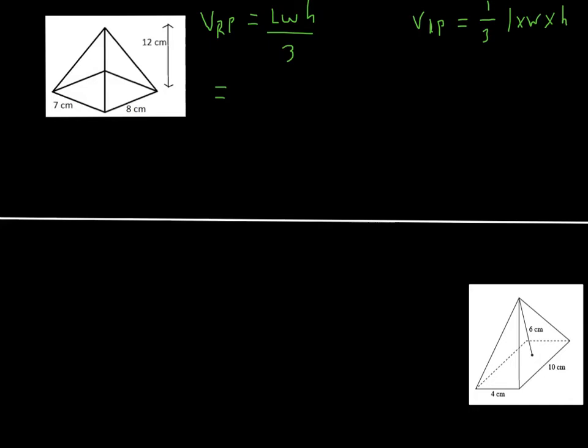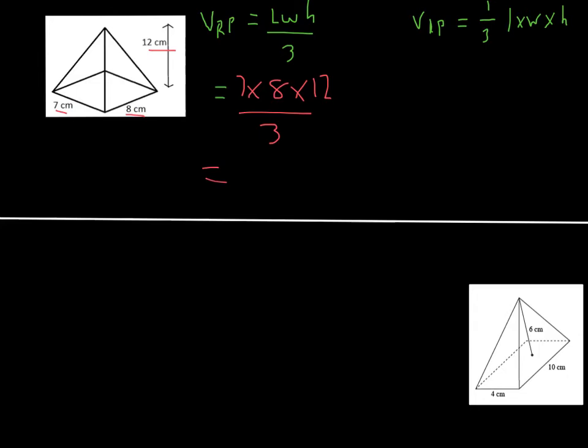Let's now calculate the volume of these rectangular-based pyramids. I'm going to use both formulas for the first one to see that they both work. In this case, the volume of the rectangular pyramid is length times width times height, all divided by 3. So 7 times 8 times by 12 divided by 3. Yet again, more than welcome to use a calculator.